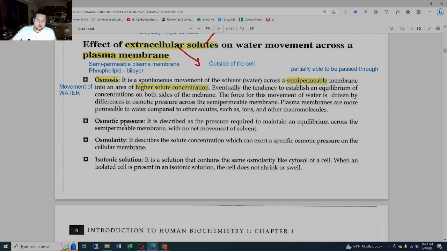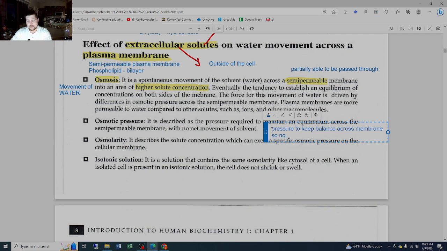So jumping down to the osmotic pressure. Osmotic pressure is described as the pressure required to maintain an equilibrium across the semi-permeable membrane with no net movement of solvent. Try and break this down to make it a little more concise, a little more clear in your own words. So osmotic pressure is pressure to keep balance across the membrane.